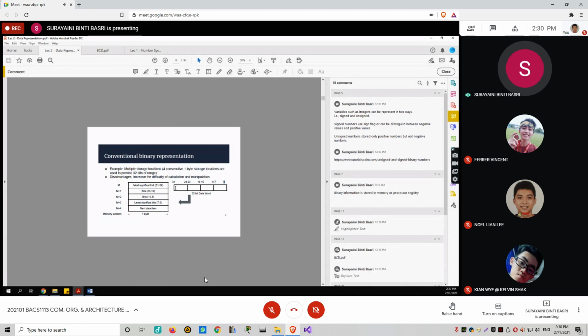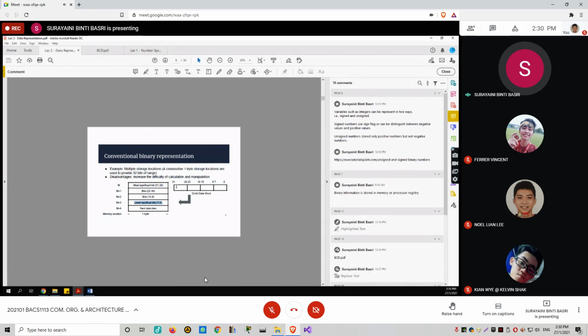The first 8 bits, starting from the most significant, will be stored at the top, then the next 8 bits will be stored at the second row, then the third row, followed by the next bits.